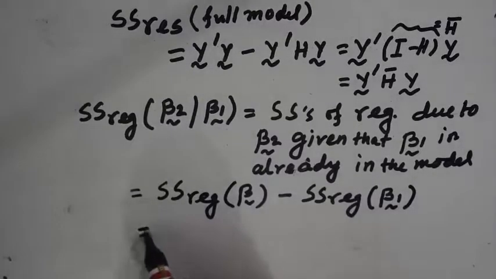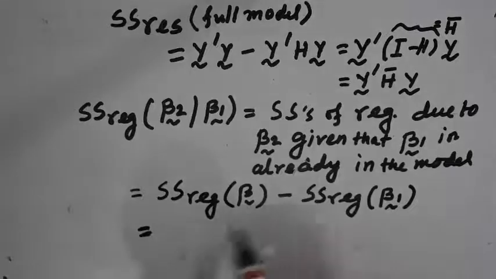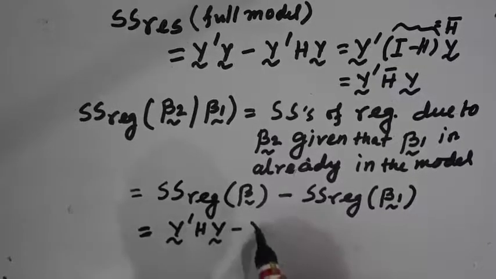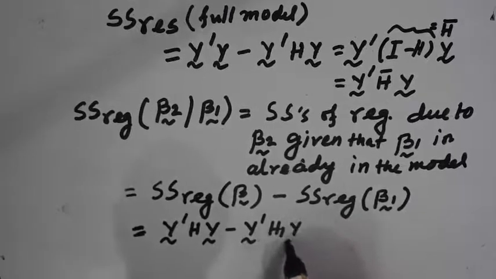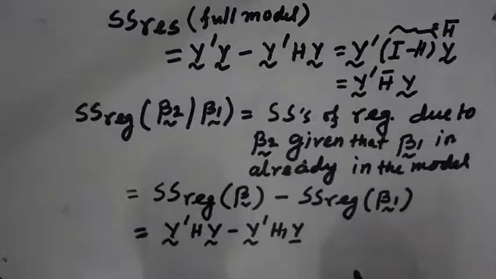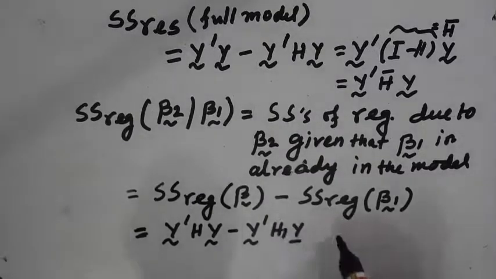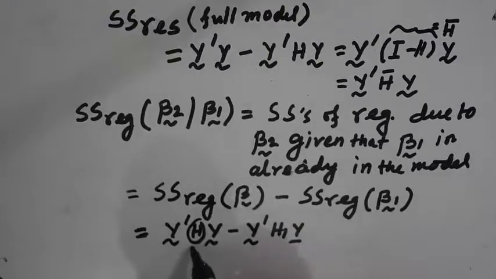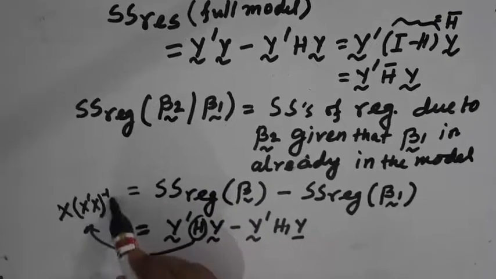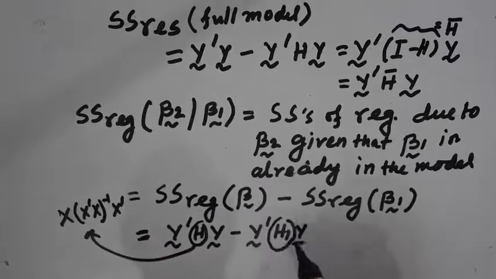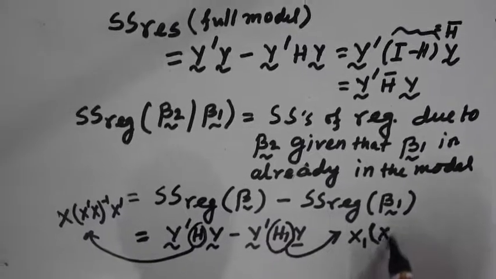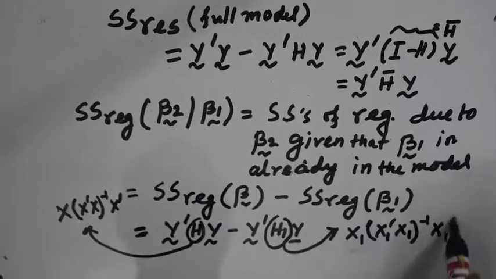So this is equal to y curl prime H y curl minus y curl prime H1 y curl, where H equals X prime X whole inverse X prime and H1 equals X1 prime X1 inverse X1 prime.